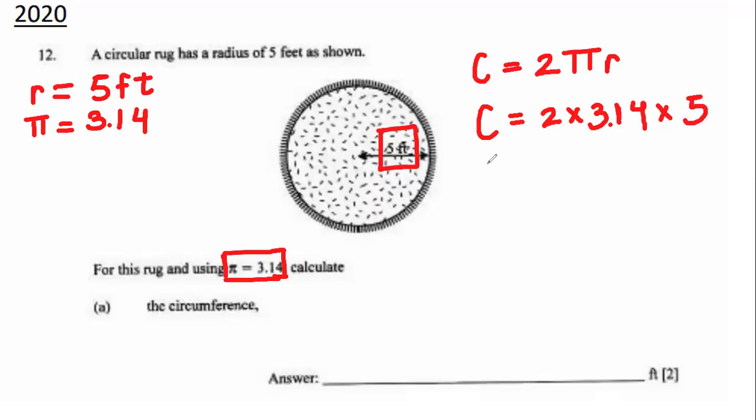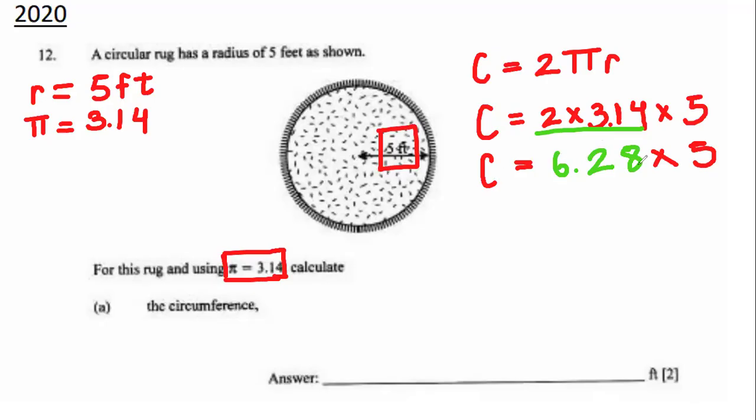And so C is equal to 2 times 3.14. What is 2 times 3.14? We did this multiple times. It's going to be 6.28. Very good. 6.28 multiplied by 5.